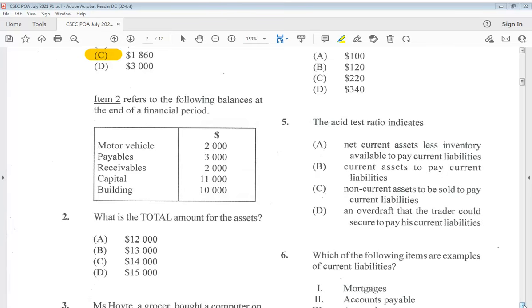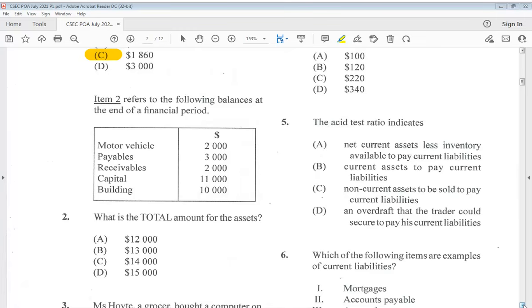Let's move on to question number 2. Here it says item 2 refers to the following balances at the end of a financial period. We're asked to calculate the total amount for the assets. What are our assets in the given information? We have motor vehicle $2,000, receivables $2,000, and building $10,000.